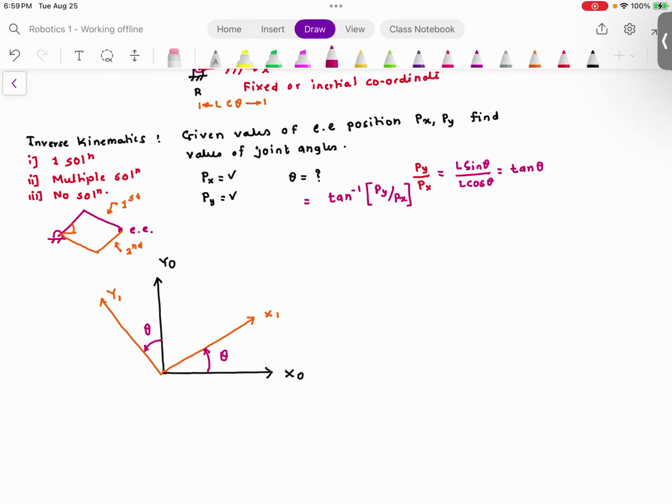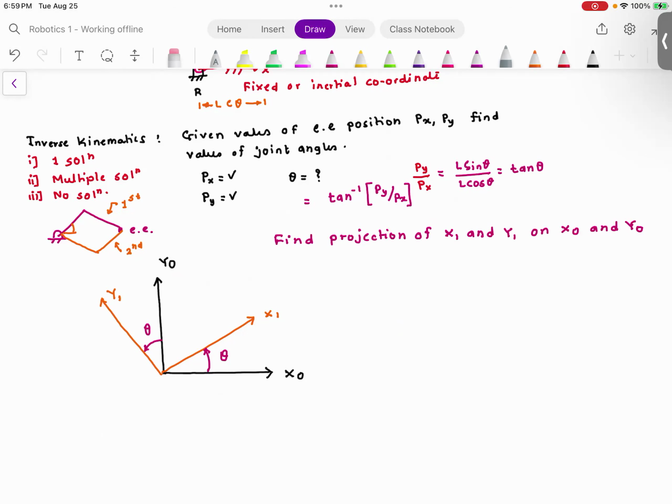This is the only rotation matrix that we are going to use. So please try to understand. I'm going to find the projection of x1 and y1 on x0 and y0. So how do I do this?